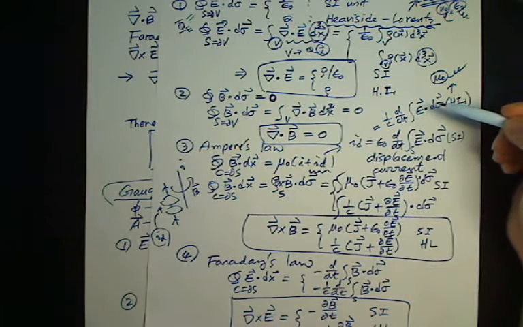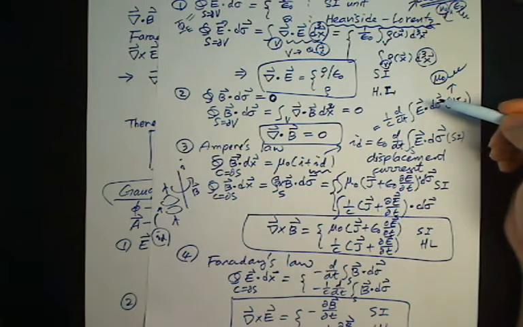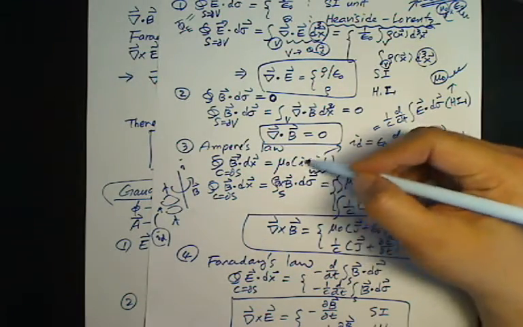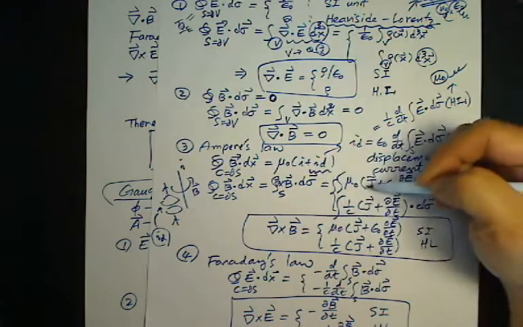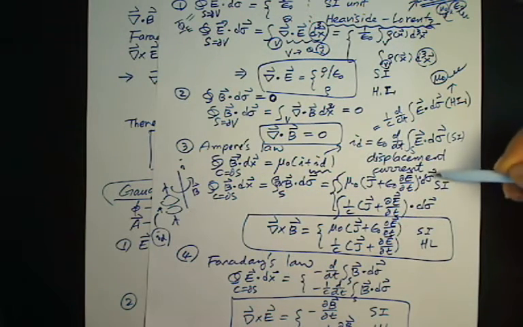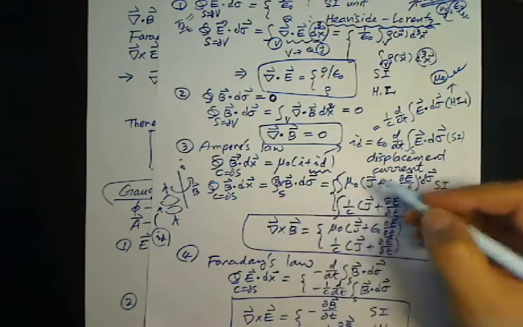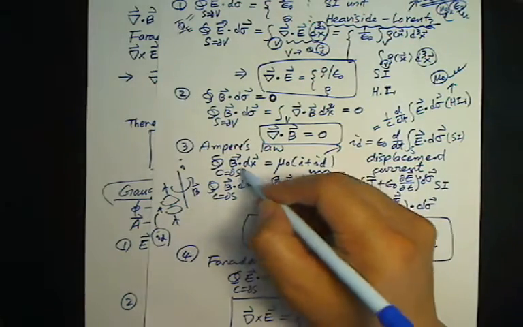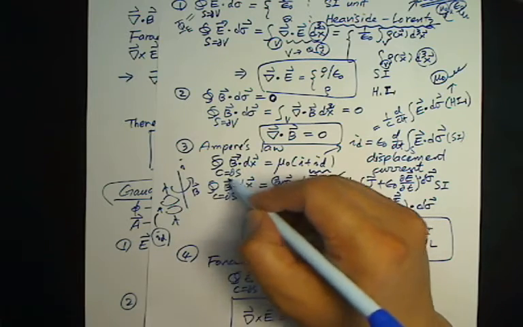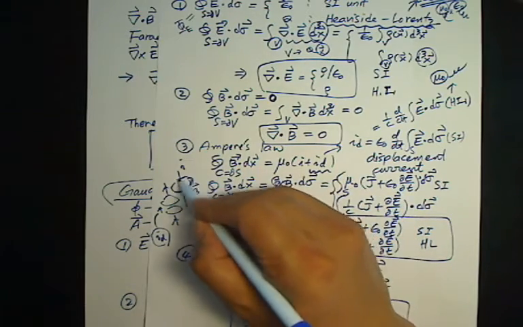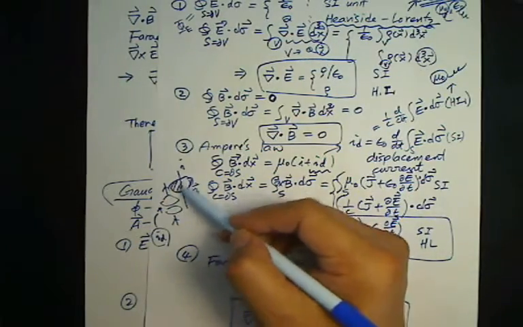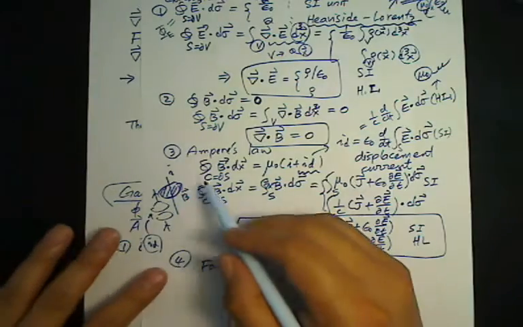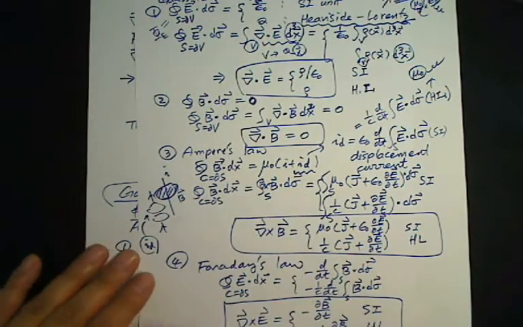There's a mu 0 I on the right hand side, and here this I can be expressed in terms of current density, with the scalar product of area on the surface S, and that surface's boundary is the closed path. So this is a surface and this is a closed path, and the closed path is the boundary of that surface.